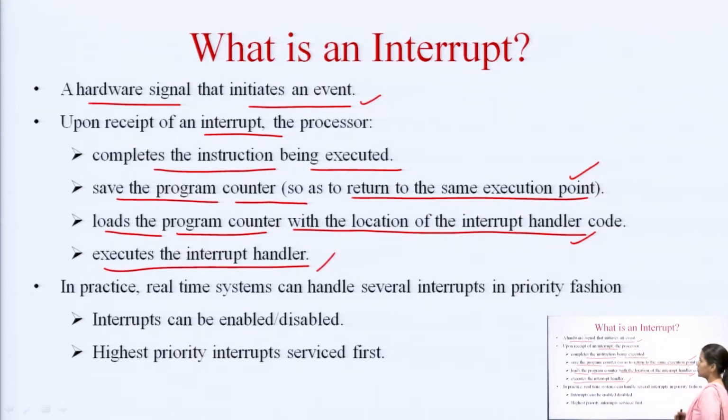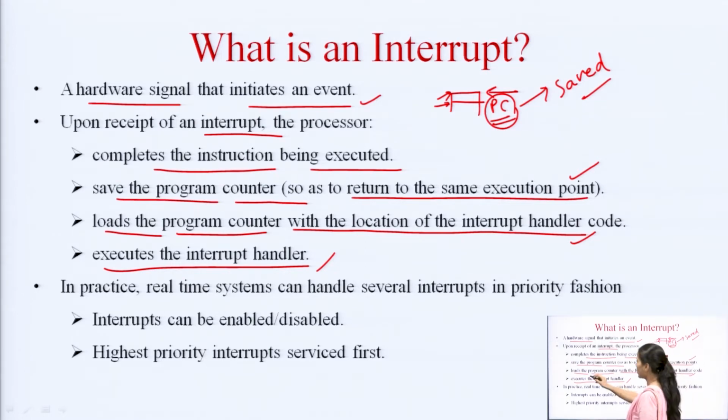What are these steps? Suppose the interrupt has arrived during the execution of the main program. Now, the program will be terminated here after the next cycle. Now, the contents of the next memory location which was going to be executed will be currently stored in the program counter. So, the contents of the program counter will be saved to some location, say suppose it will be saved to the stack location. Now, thirdly, there must be some interrupt service routine, that is the ISR.